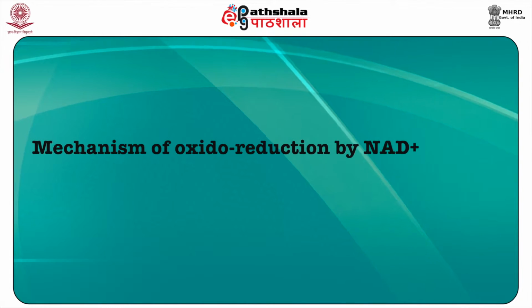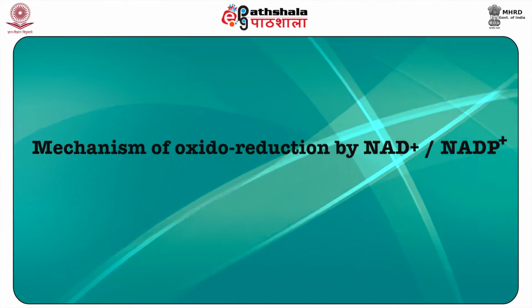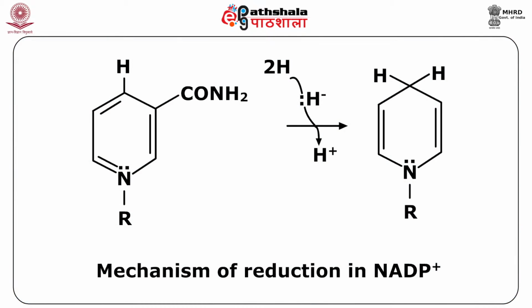Mechanism of oxido reduction by NAD+ and NADP+. Now students, let us focus our attention to this particular mechanism. Two hydrogen atoms are transferred from the substrate to NAD+ or NADP+. One hydrogen atom is transferred as hydride ion, that is H-, to the pyridine ring of nicotinamide whose positive charge is neutralized.